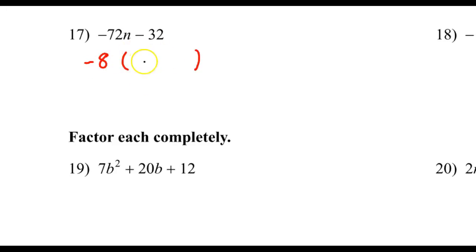So if we take out a negative 8, we'll have positive 9n. And that's what you want to go for, have a positive 9n. So this would have to be a plus 4, because negative 8 times 4 is negative 32. So that's called factoring. A GCF technically, it's called factoring. But think of it as just the reverse of distributive property.